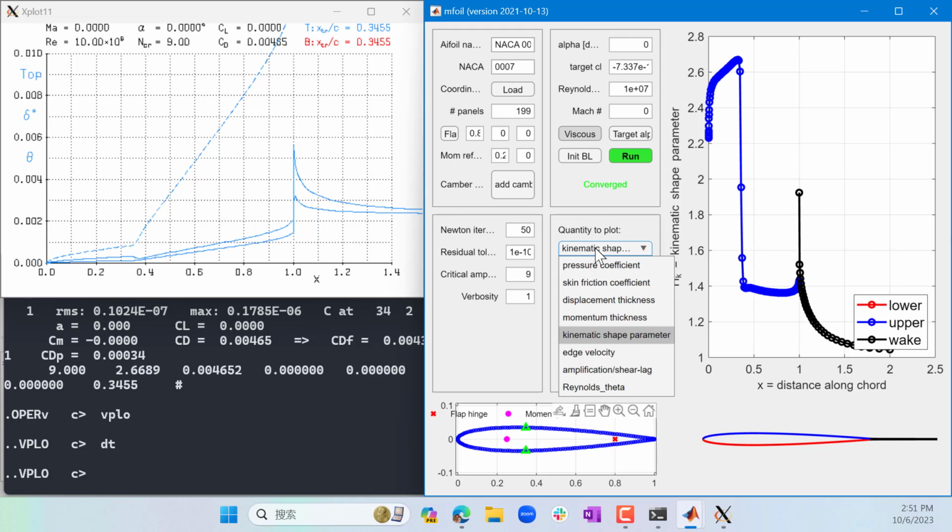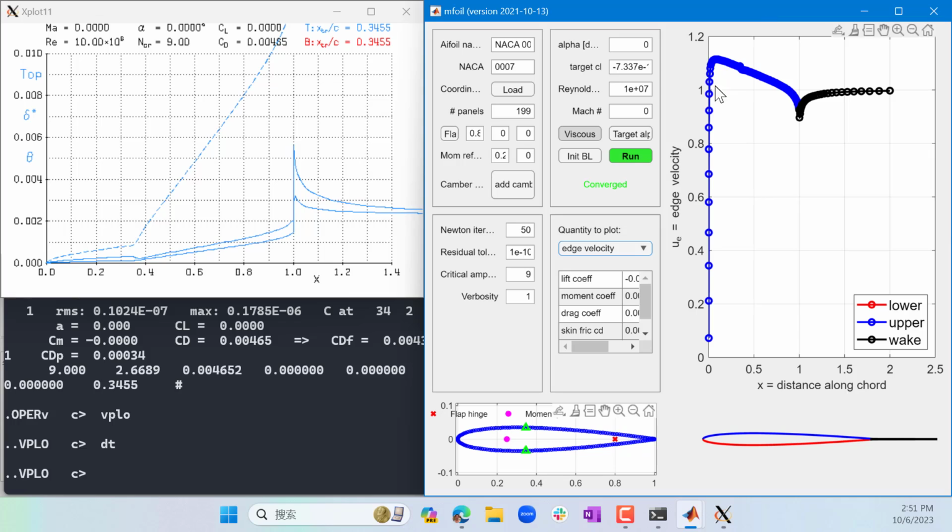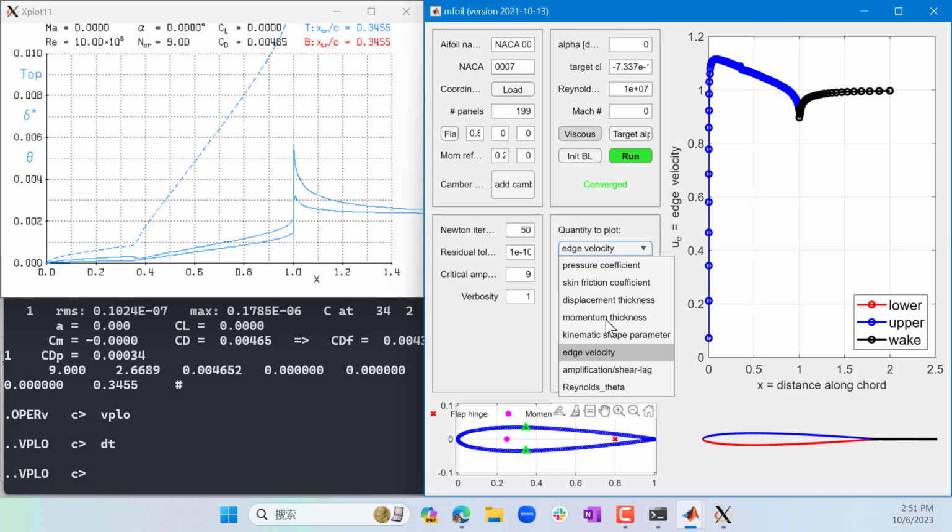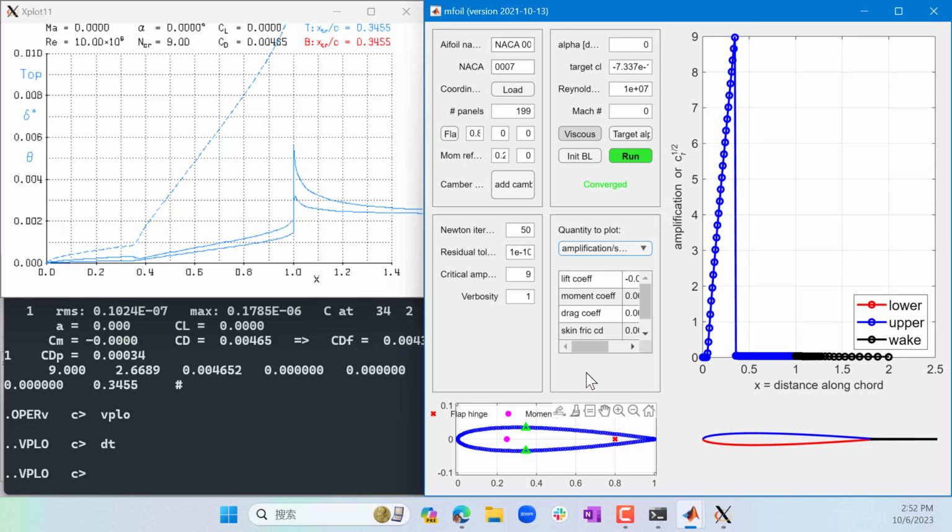Okay, and edge velocity, not much to say over here, and amplification. So you're going to see that here in this model, we are marking the boundary layer to transition after the instability reaches 9, right?